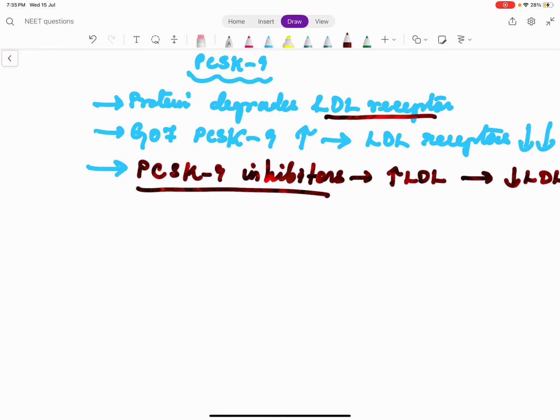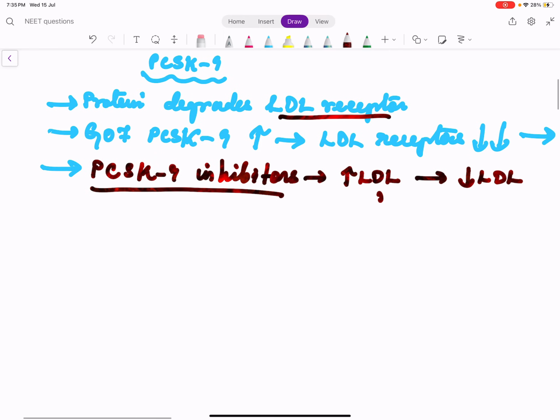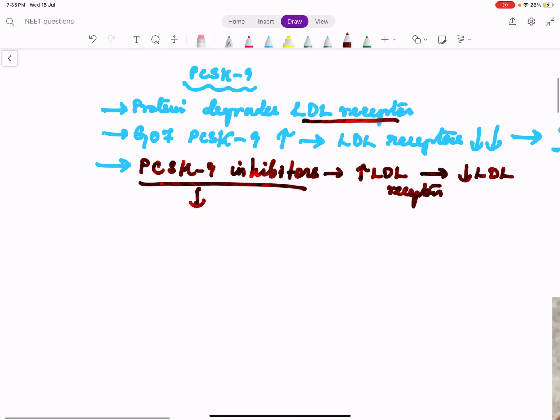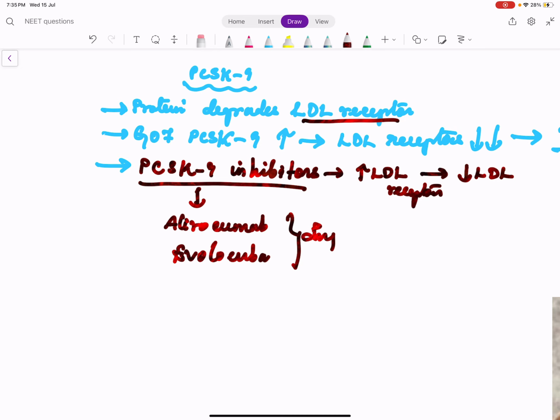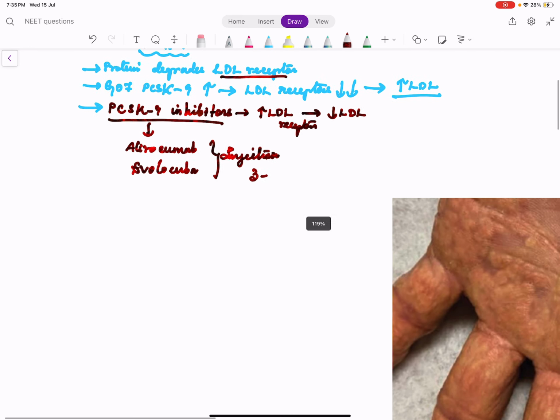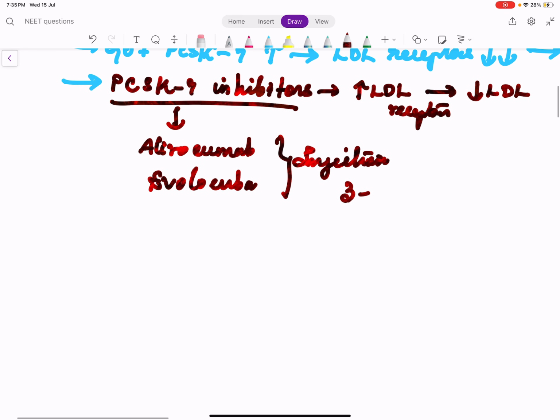PCSK9 inhibitors prevent the degradation and increase LDL receptors. Hence they reduce LDL in the blood. Examples for PCSK9 inhibitors are alirocumab, evolocumab. These are injections given once every 3 months or so. So remember, there are some injections for hyperlipidemia.